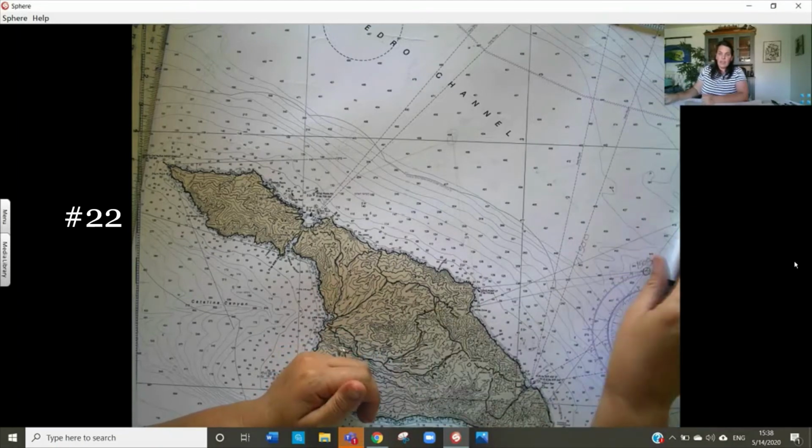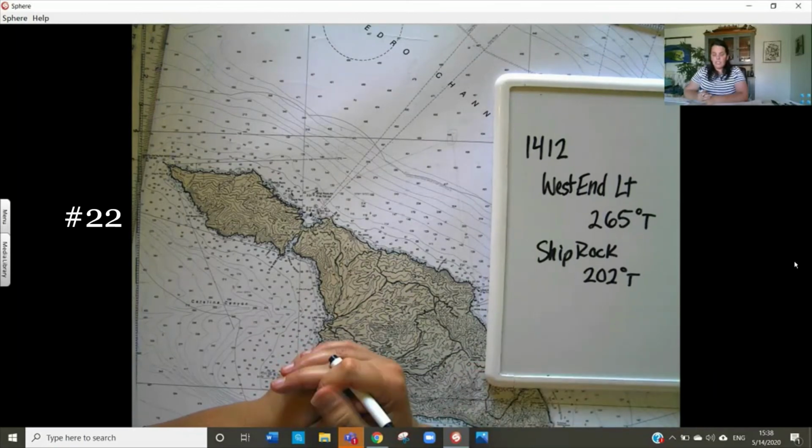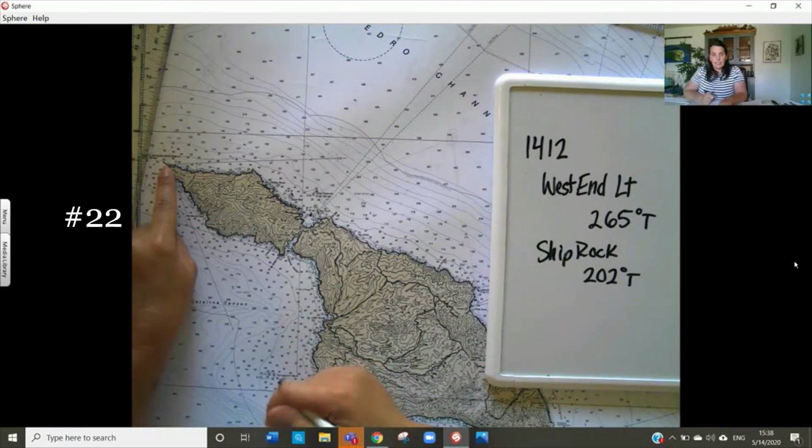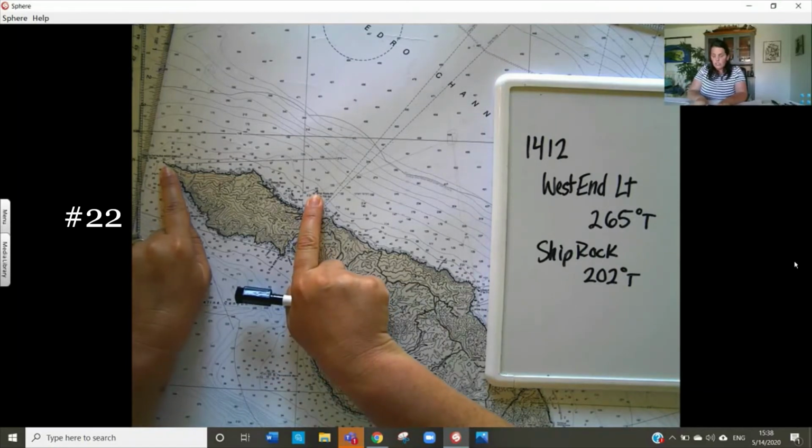So at 1412, we got the bearings for Santa Catalina West End Light and Ship Rock. So we got those two bearings, and we want to figure out where we are using those two visual bearings.